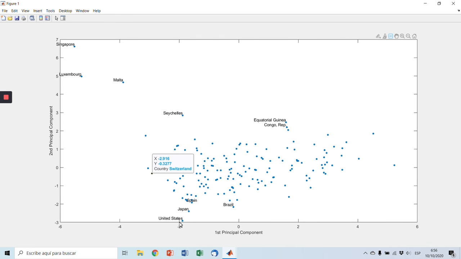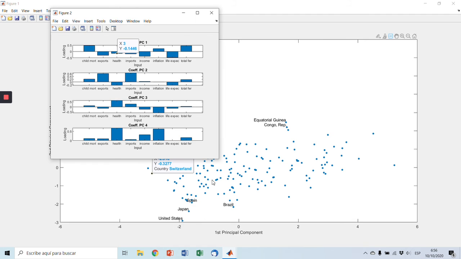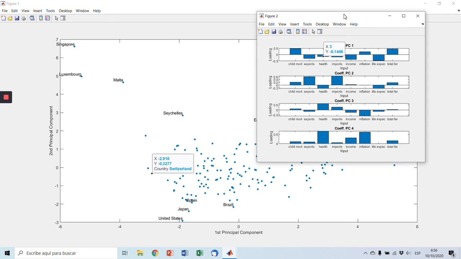So we already saw United States that in terms of exports and imports, they are probably measured in an opposite way, because I cannot understand this.